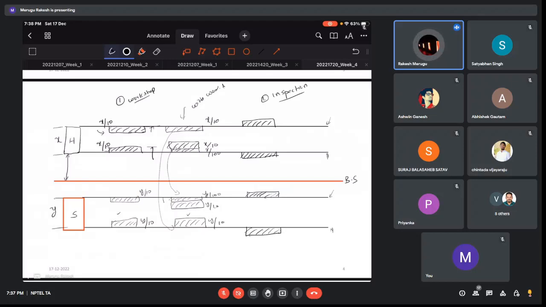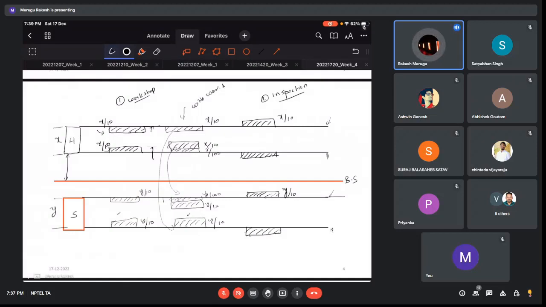We create the go gauge for the maximum metal limit, and the gauge tolerance will be one-tenth of the actual tolerance. In inspection gauges we don't have to provide any wear, because it is already outside. If it is wearing out, there is no issue in that.